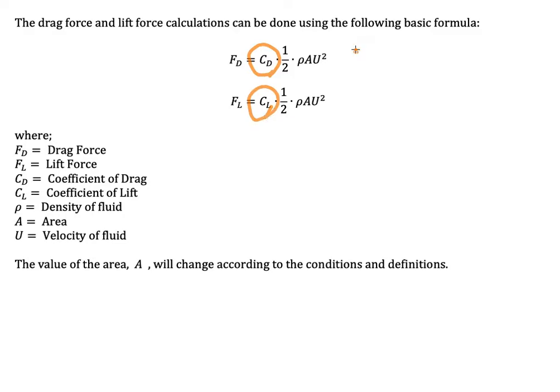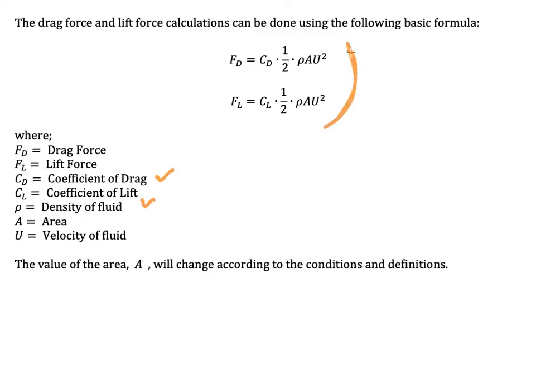I think this is the common equation that you already know to calculate the drag force and the lift force. So FD is equal to CD times 1 over 2 rho A U square, and lift force is equal to CL times 1 over 2 rho A U square. CD is the drag coefficient and CL is the lift coefficient.